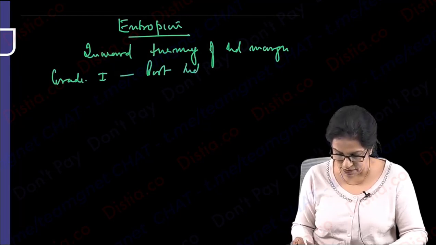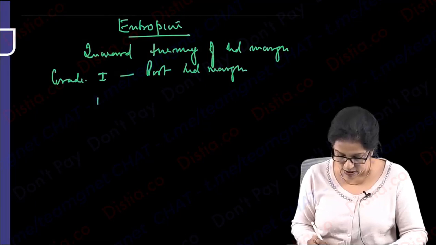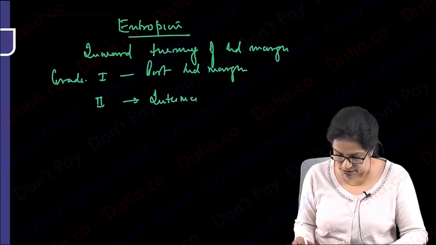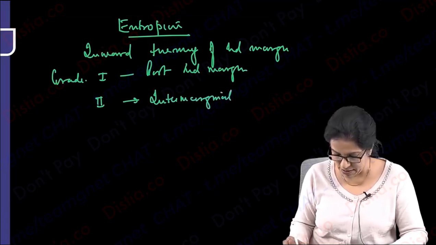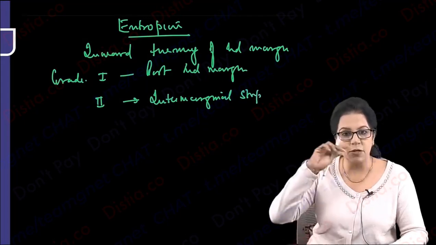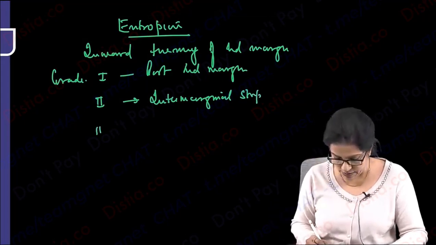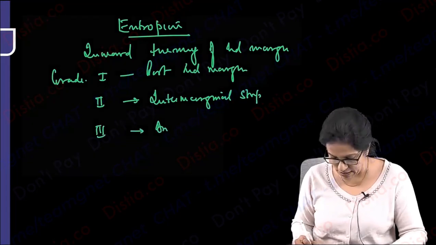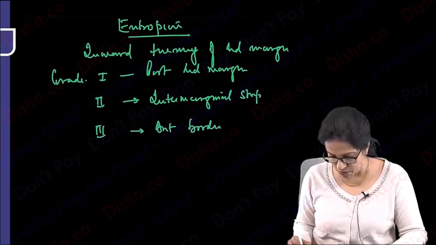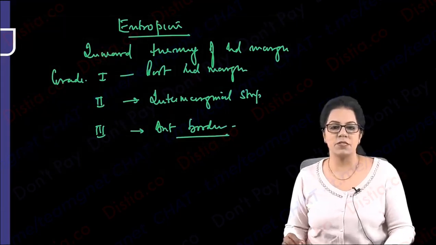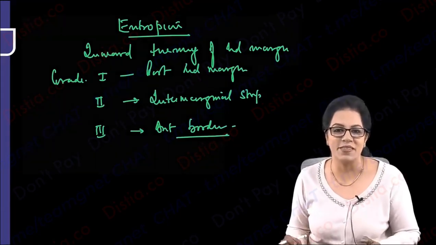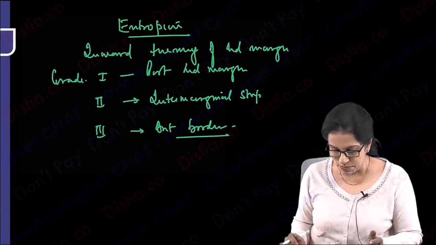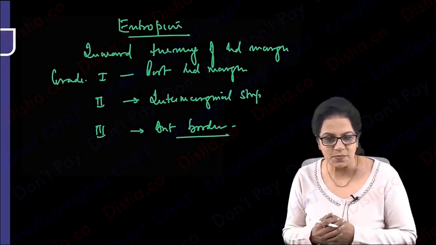If the intermarginal strip is also inside, this becomes grade 2. When the intermarginal strip is also turned inwards and the anterior border is also turned inwards, this becomes grade 3. If you do not want to learn this, that's absolutely okay, but it was a ridiculously simple grading, so I gave it to you, because they haven't asked you till yet.